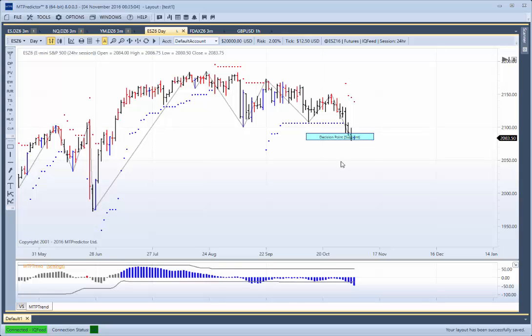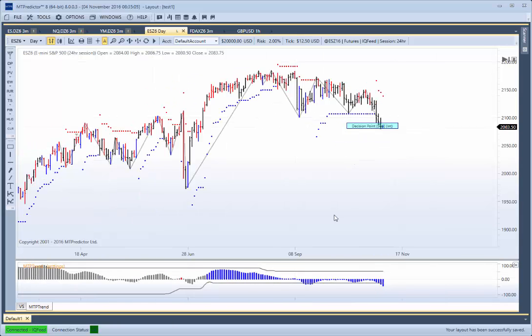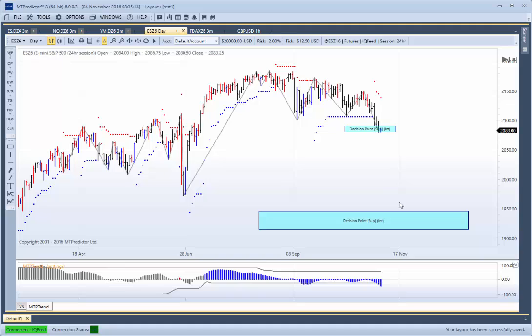The reason I'm slightly concerned is that if it doesn't, the next pivot low is back here. So if we place the DP off this pivot low, this is the next support zone. So you can see there could be a very nice or nasty, depending on which way you're looking at it, drop coming through here.